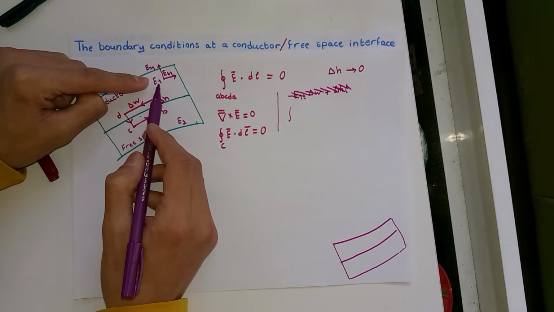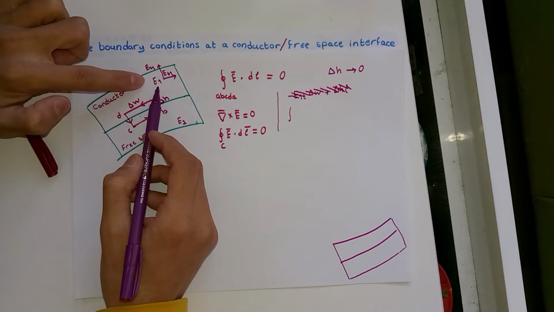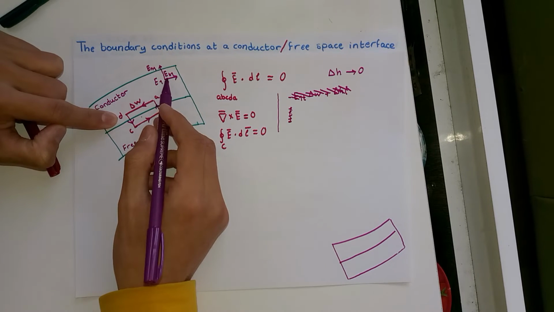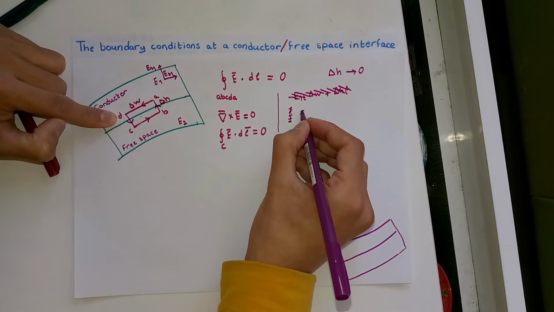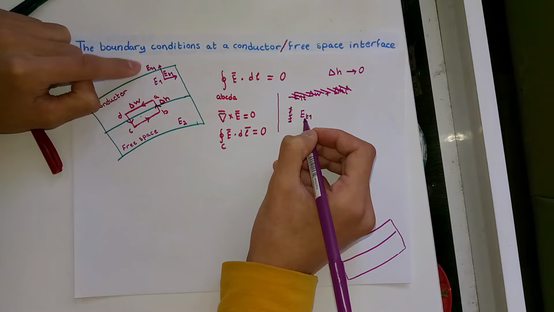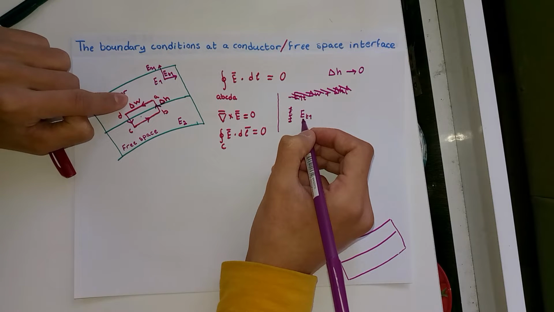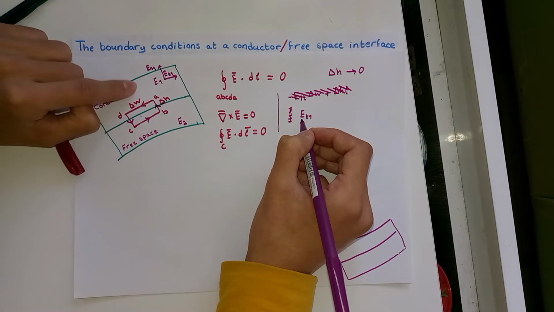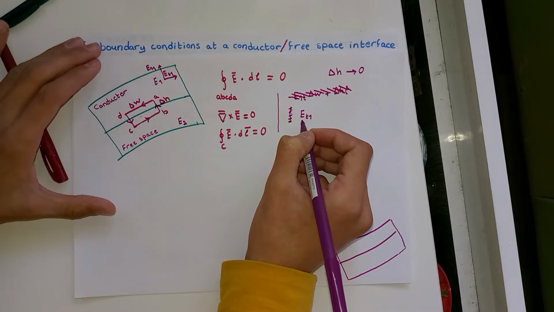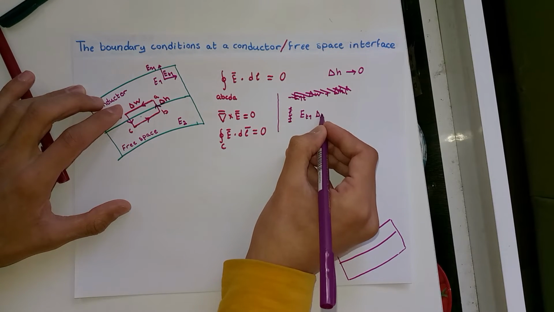The dot product between the electric field E1 and this piece of the path AD will yield the tangential component of this field, because the normal component is going to vanish, since it's perpendicular to this path, and the dot product between two perpendicular vectors is equal to 0, times delta W.